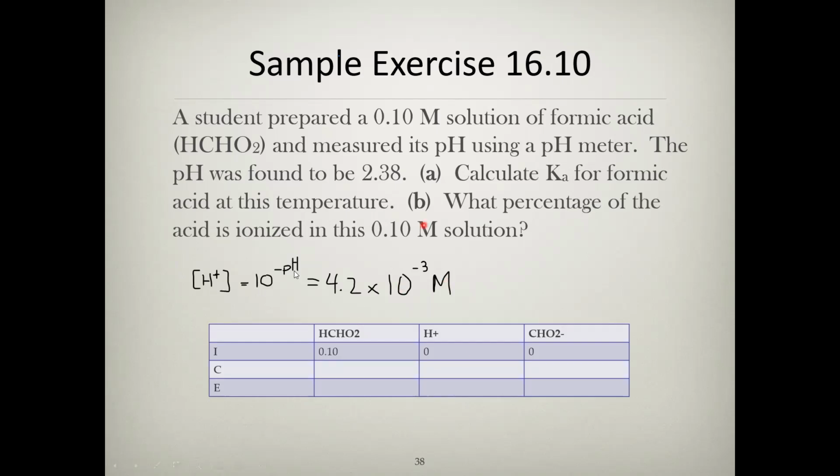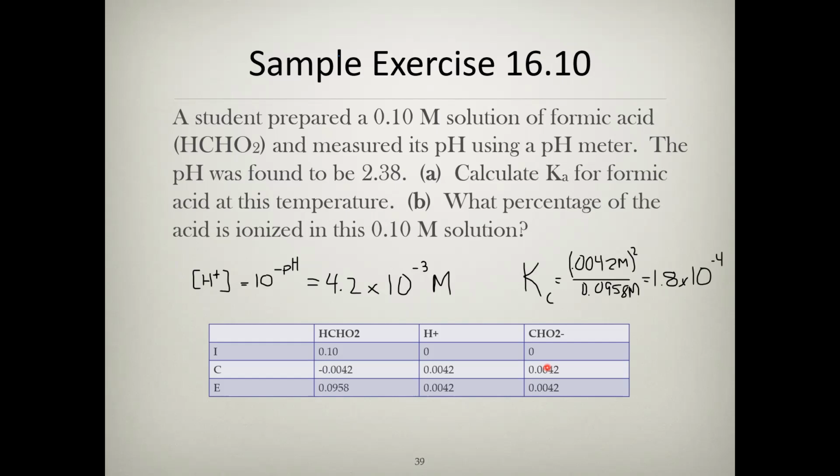But now we know at equilibrium, we know what the hydrogen ion concentration is going to be. So we know what the change in everything's going to be because the formate ion is going to change the same amount. It's going to increase by that same amount. The formic acid is going to decrease by that same amount because the dissociation equation would just be 1-to-1 for all these ions, since everything's going to be plus and minus 1 on the right-hand side.